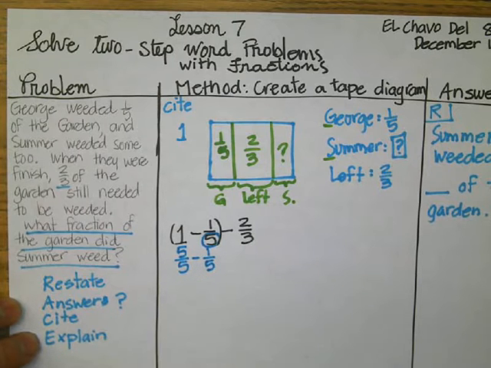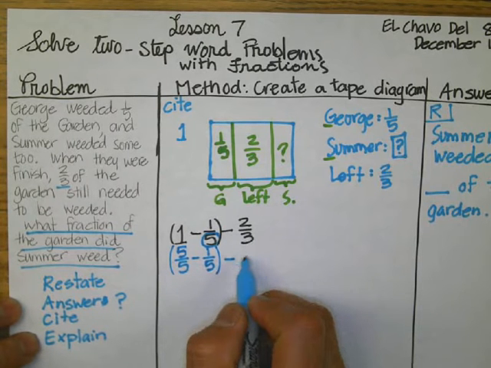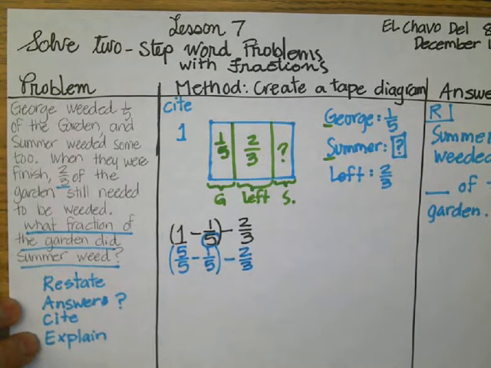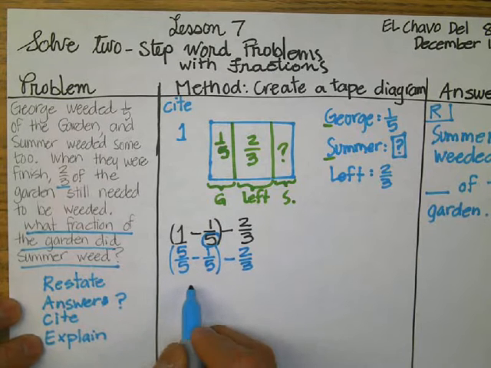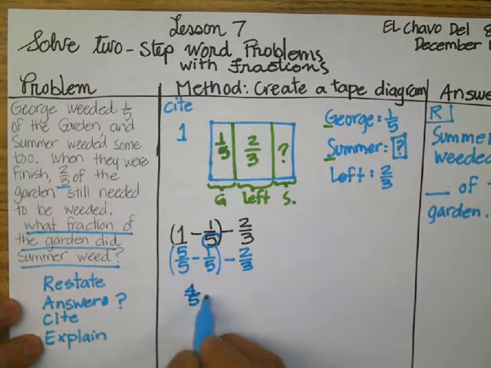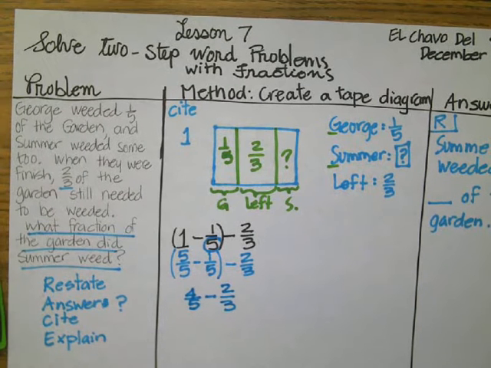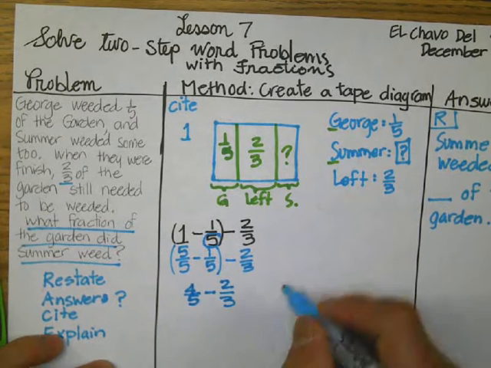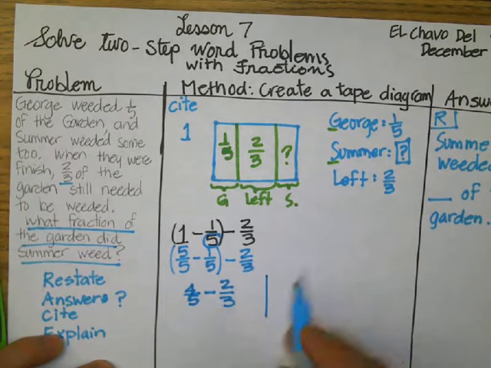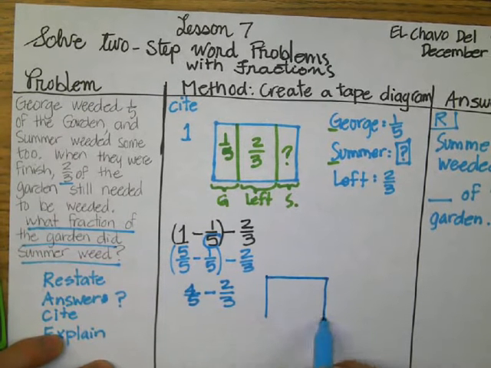Now once this is done, we do the subtraction, my friends. 5/5 minus 1/5 equals 4/5, minus 2/3. Now what do we do with this? These are not equivalent fractions. Just like we said before, we have to find equivalent fractions here. So this will be representing 4/5.